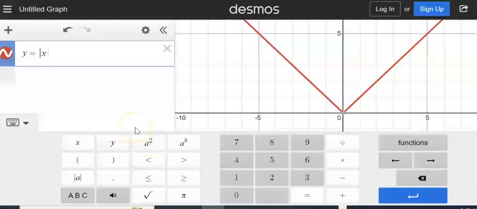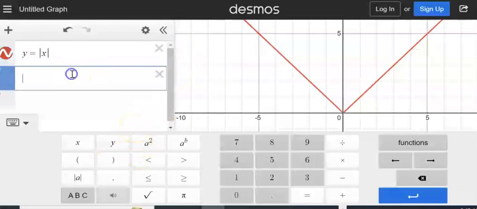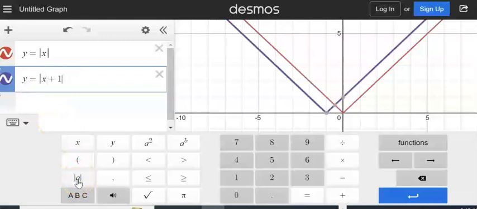Okay, looking at the next page, it's y equals what? X plus 1. This is tricky. So everybody see I'm getting x plus 1. That was on the opposite page, wasn't it? So x plus 1, what did it do?